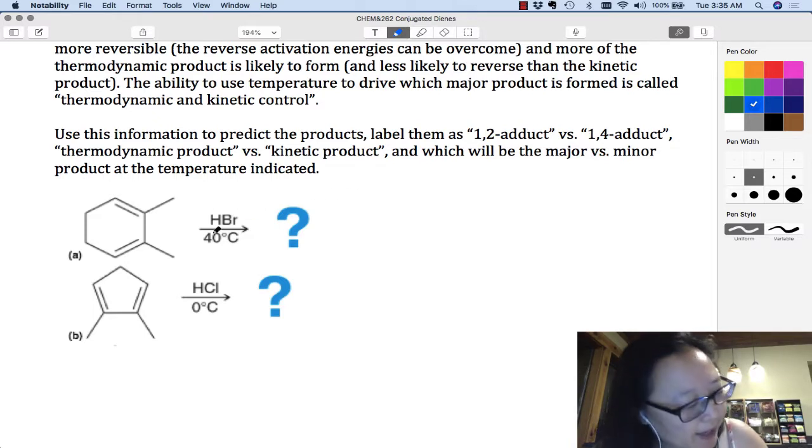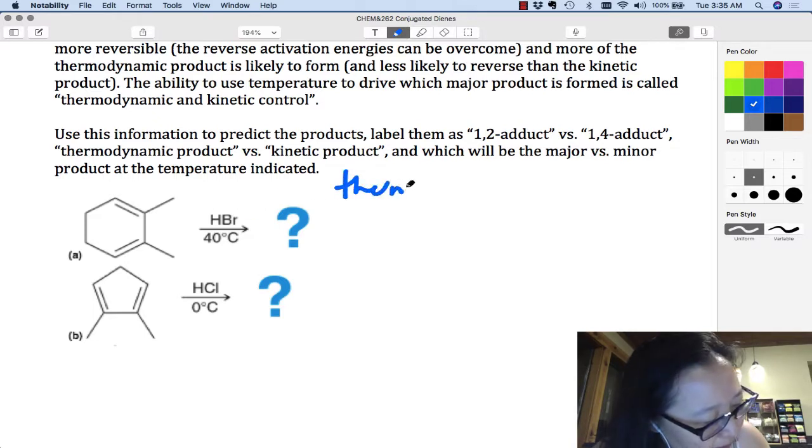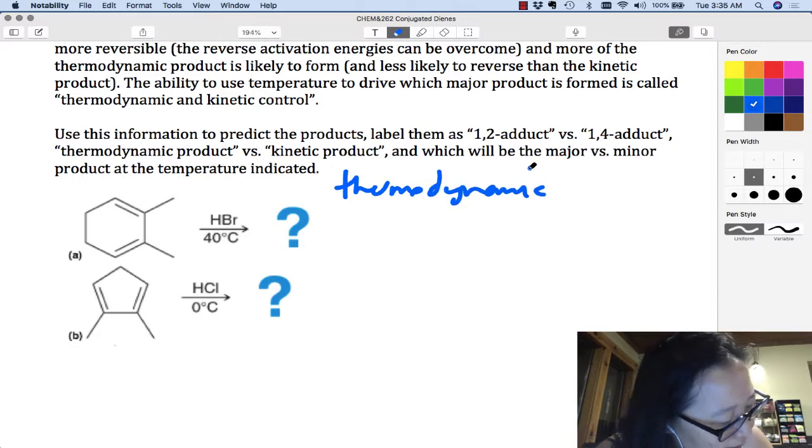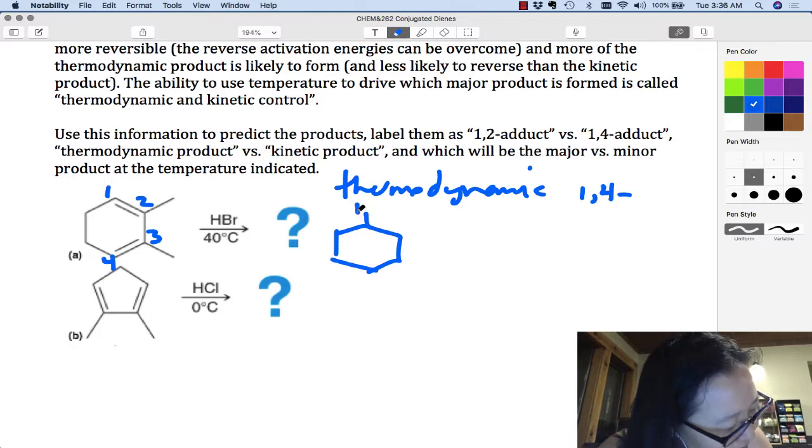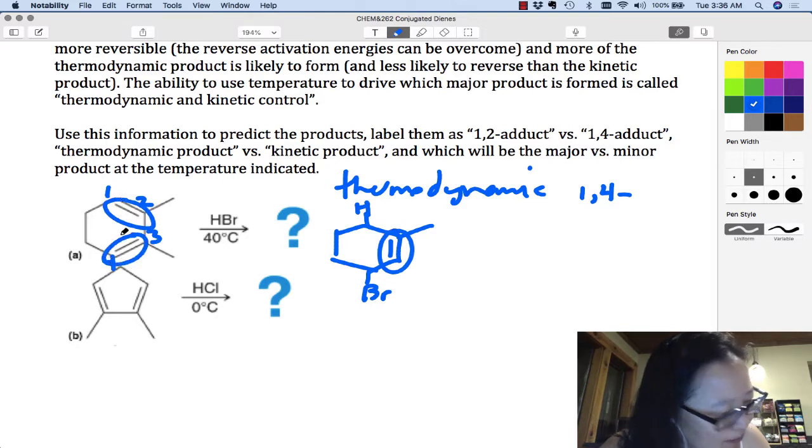So here, I'm going to have the thermodynamic product be my major product, and that means it's going to be the 1,4 adduct. To get that easily, I could do the mechanism, of course, or I could just number this and put my H here, and put my double bond here, and put my Br here. Now, how do I know the double bond is here when I started off with the double bonds there?